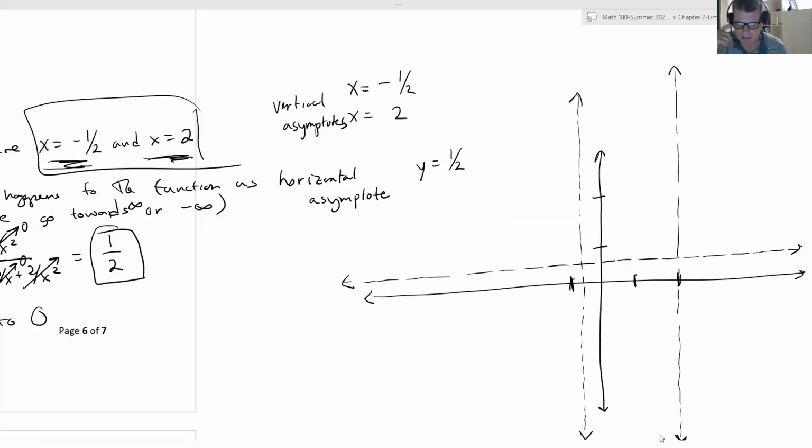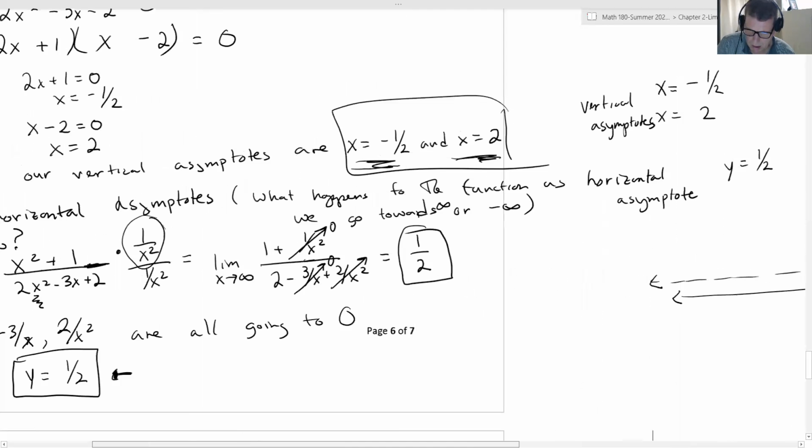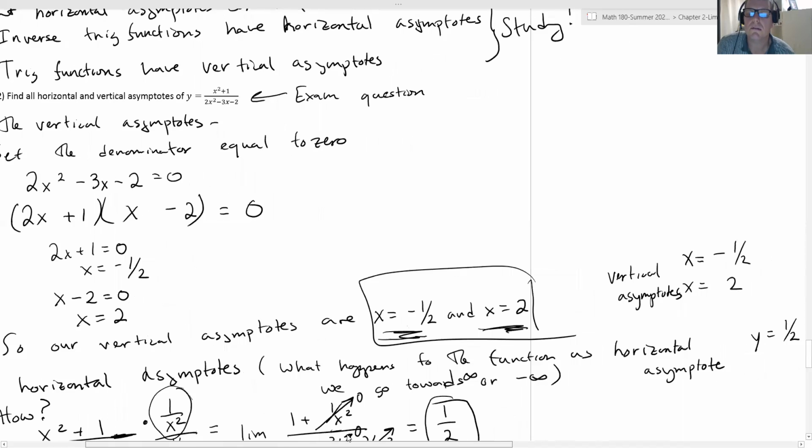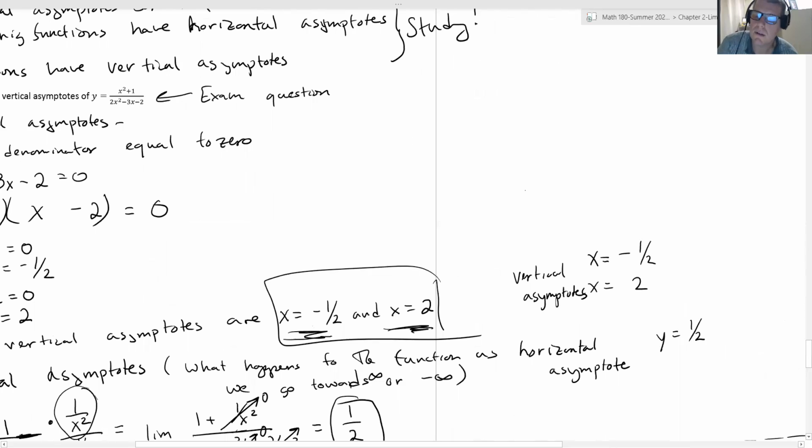So I'm going to do exactly that because that's going to make my life a lot easier here. So let me get my function. It's x squared plus 1 over 2x squared minus 3x minus 2. That's my f of x.